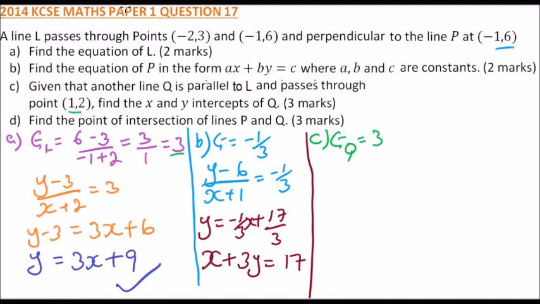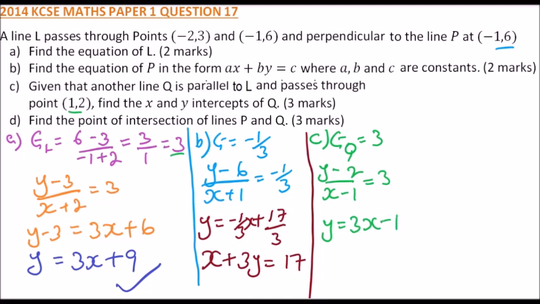So we say (y − 2)/(x − 1) = 3. When you cross multiply that, you get y = 3x − 3, and then we take 2 to the other side, so it will be 3x − 1.